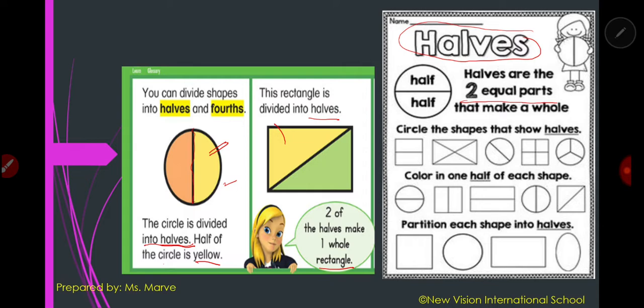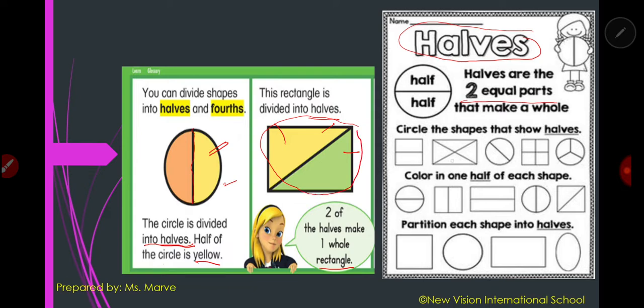Okay? So here we are going to circle the shapes that show halves. When you say halves, it means one share is being colored. Okay? So you can see here 1, 2. This is halves.